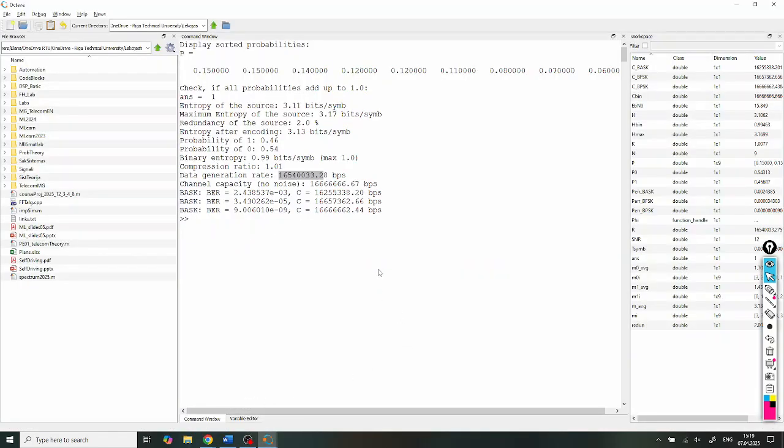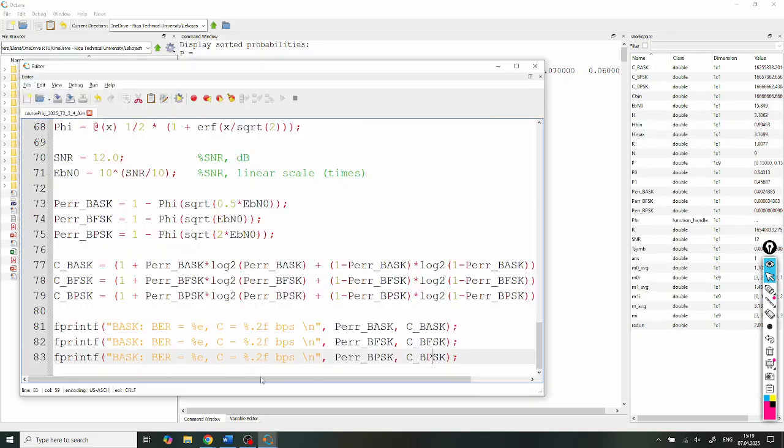Now, what we can see here is that as we change modulation from amplitude shift keying to frequency shift keying and phase shift keying, the error probability actually decreases.